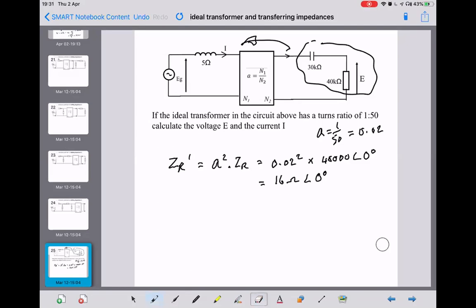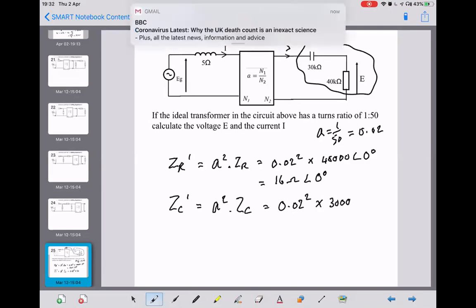And then we want ZC dash, which is A squared times ZC: 0.02 squared times 30,000 angle minus 90 degrees for a capacitor.